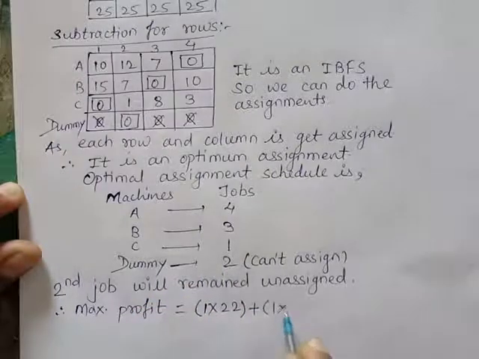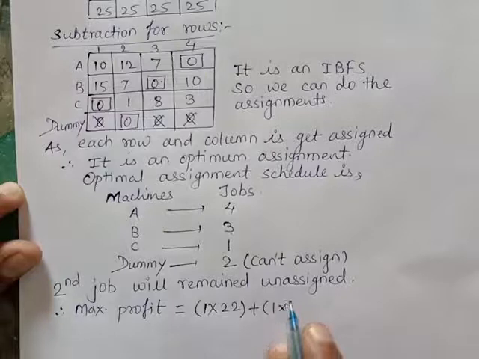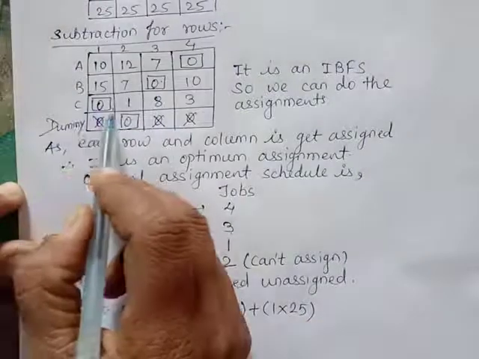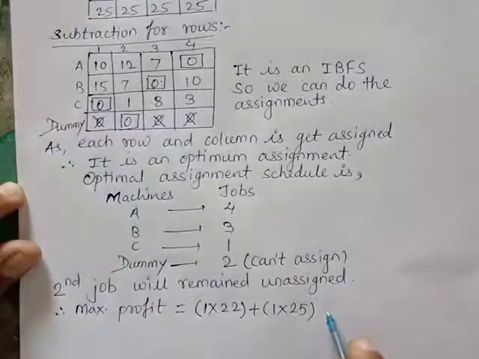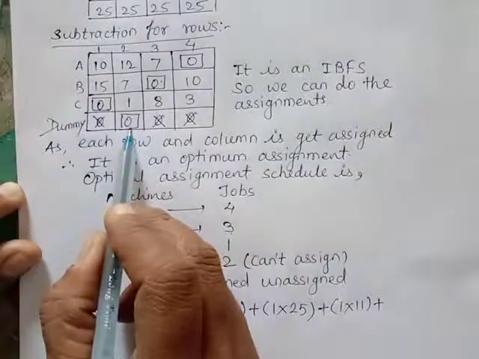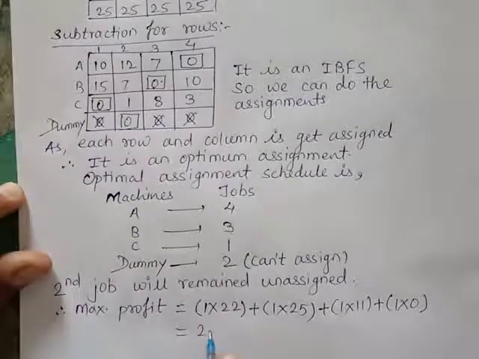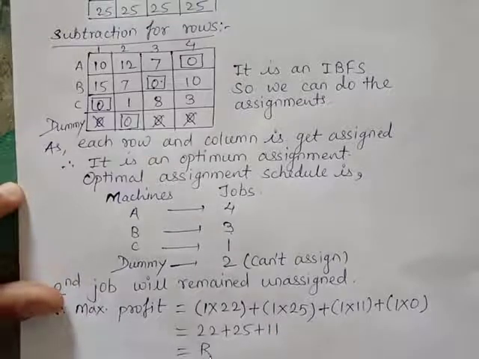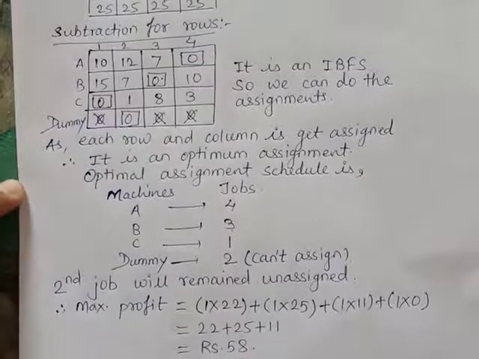Plus 1 into 25, as B is assigned to third. And C is assigned to first one, so at the 3-1 position, the profit is 11. So 1 into 11, plus the profit for the dummy, obviously 0. So the total is 22 plus 25 plus 11, which is 58. So it is rupees 58. This is our final answer.